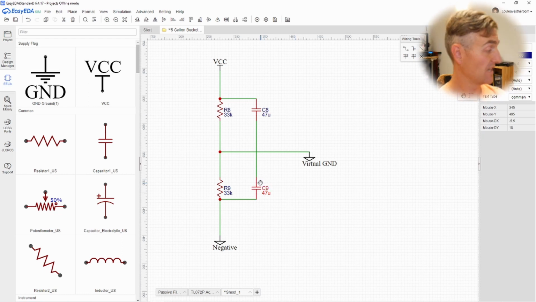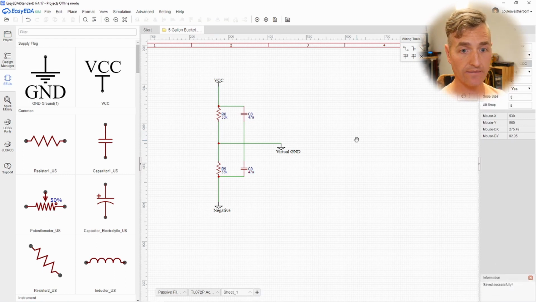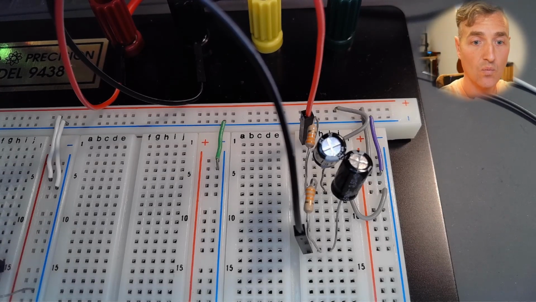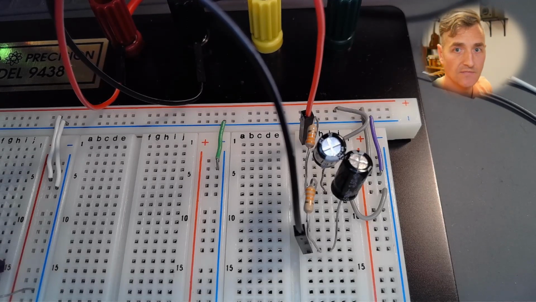Now, if I have hooked it up properly, I should end up with a positive and negative supply. Right here, we can see it. We'll save this sheet. Now, let's switch back over to my webcam and see exactly how I wired that up. Follow me.